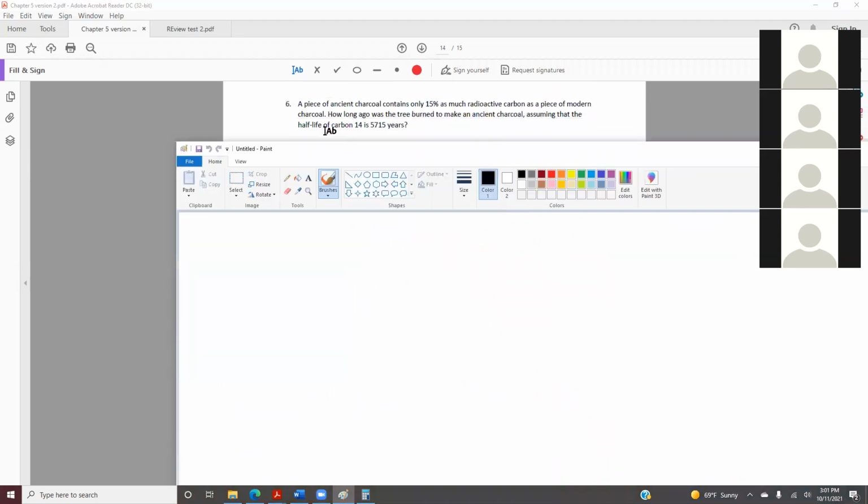Do number 6 here. A piece of ancient charcoal contains 15% as much radioactive carbon as a piece of modern charcoal. How long ago was the tree burned to make the ancient charcoal, assuming that the half-life of carbon-14 is 5715 years?